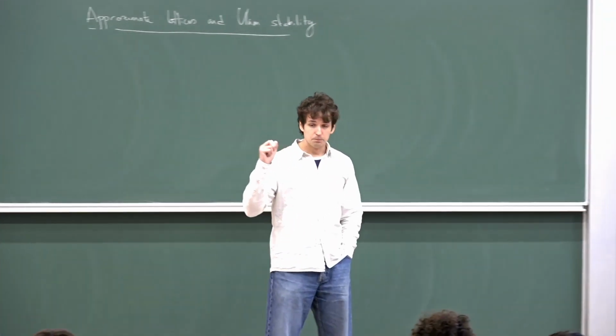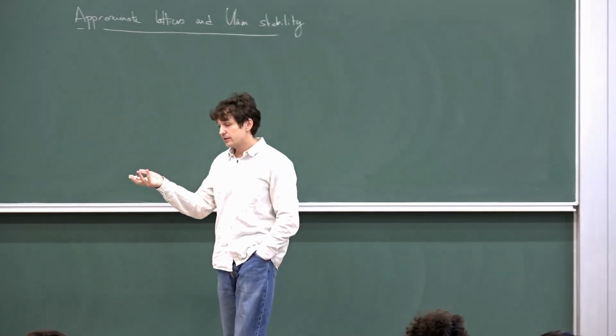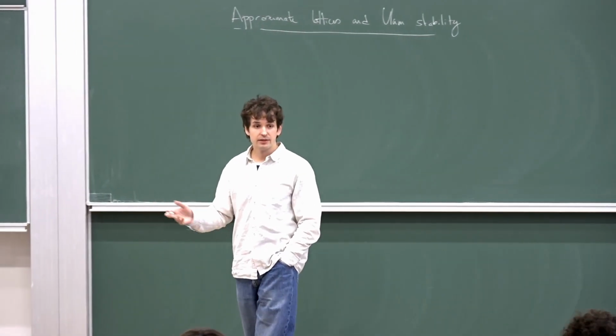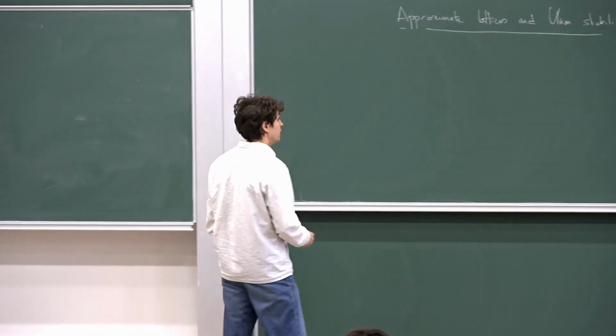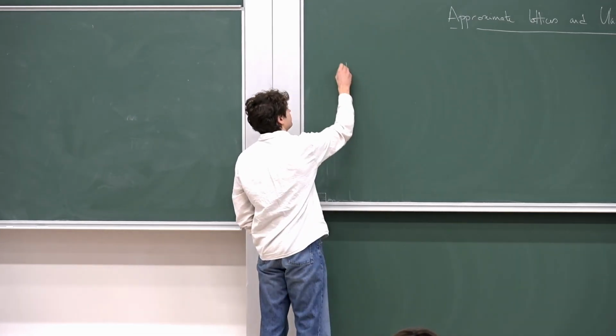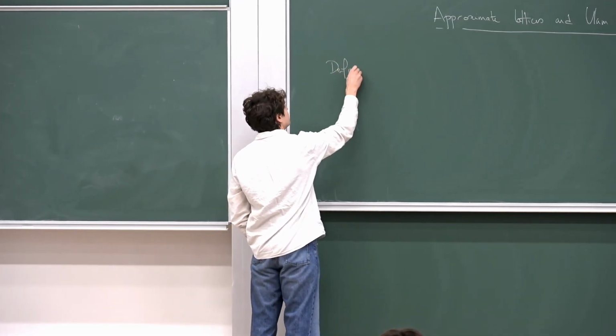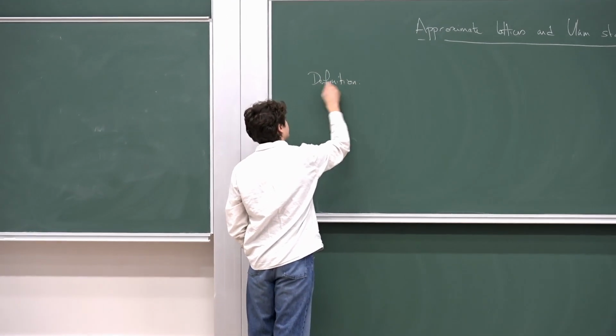Approximate lattices are a generalization of lattices in locally compact groups. The definition is as follows.